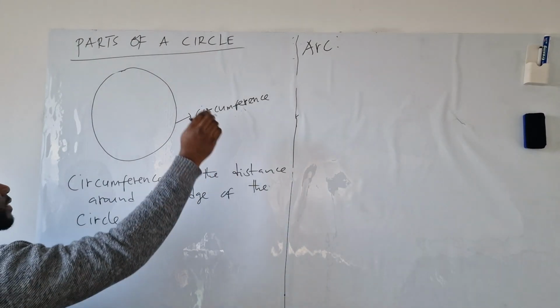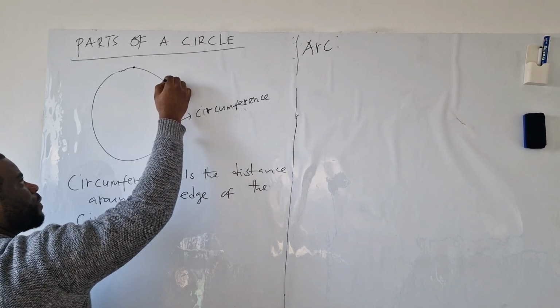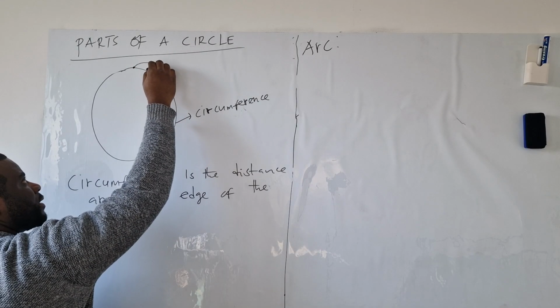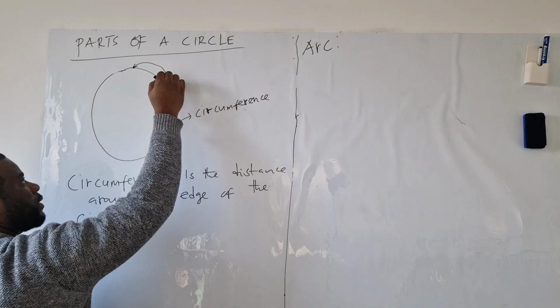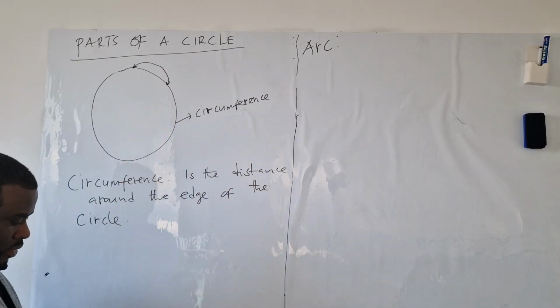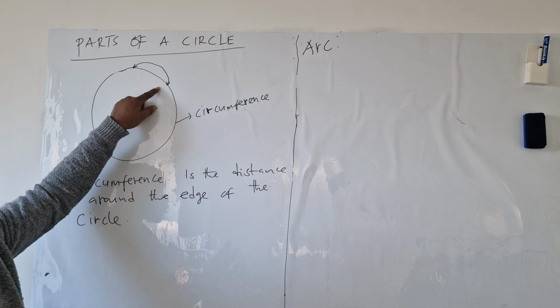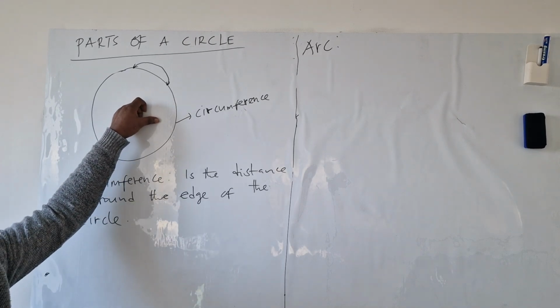Let's say we are considering this part from here to this part. If you are considering this part of the circumference, that part of the circumference we are considering is an arc.